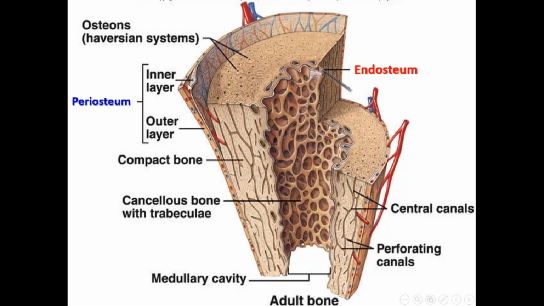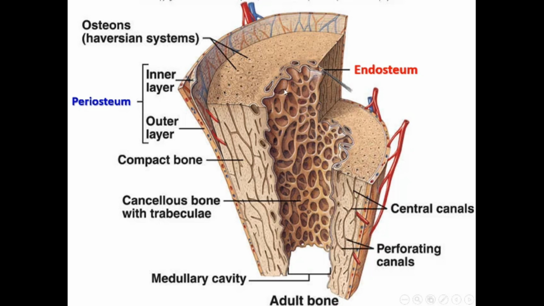But the inner layer contains a lot of cells, so we can call it the cellular layer, especially osteoblasts, osteoprogenitor stem cells, and also bone lining cells. All of these cells in this layer are very important in bone repair.